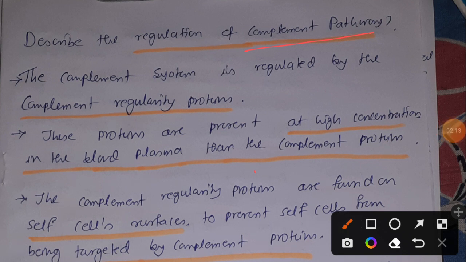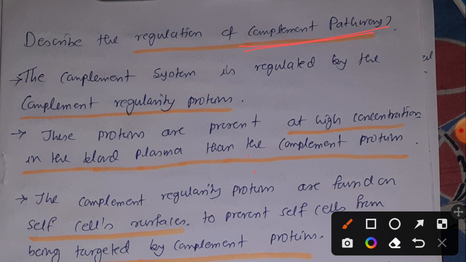And that is why the classical pathway can be activated by various types of things. The lectin pathway can be activated by anything that has terminal mannose residues. Similarly, the alternative pathway can be activated by any kind of thing, right? And if by chance our self protein or self cell contains those kinds of composition, then they are at risk from those complement proteins, right?